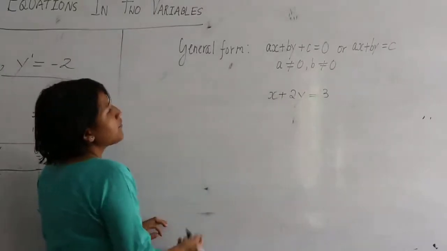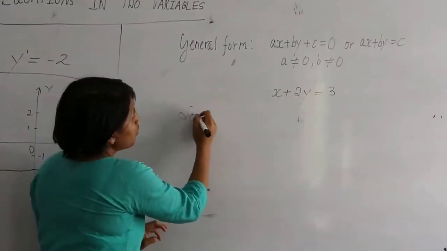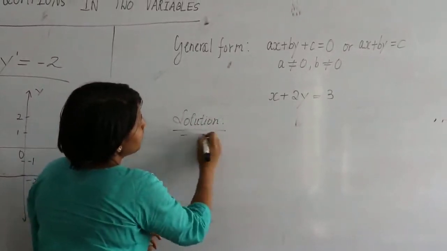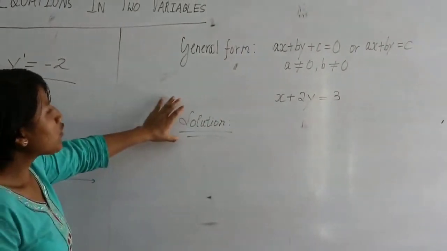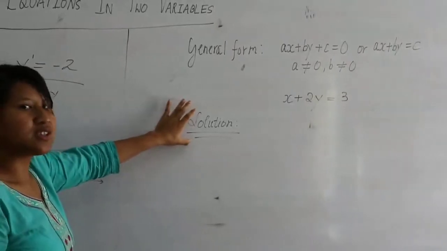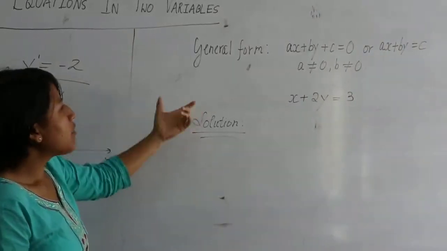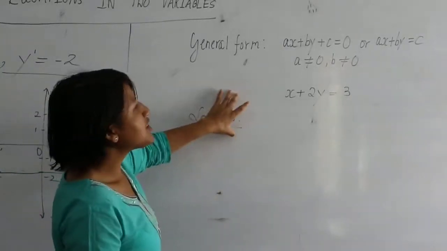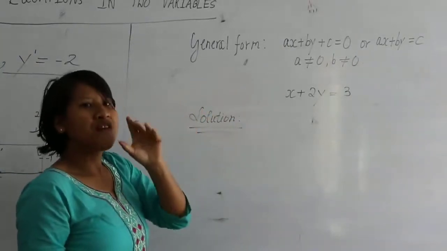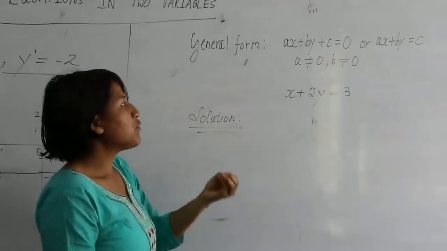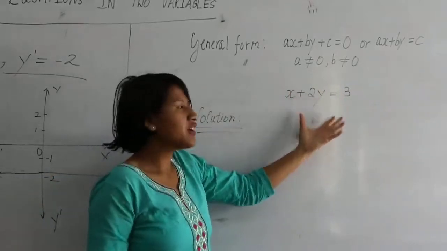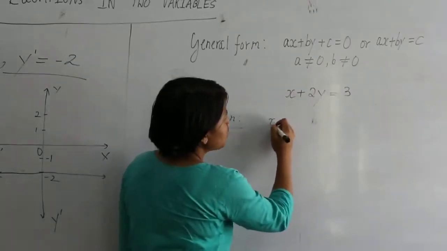Now we will come across this term solution, which is very familiar. But what does it mean by solution? A solution is a particular value of x and y such that when you substitute here, it will satisfy the equation. Most students get confused.